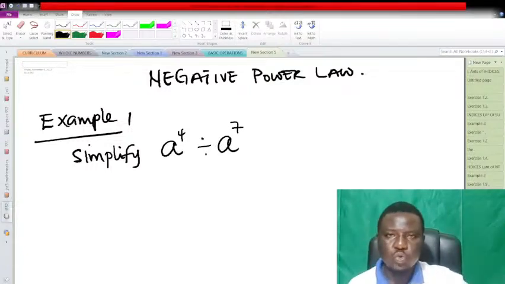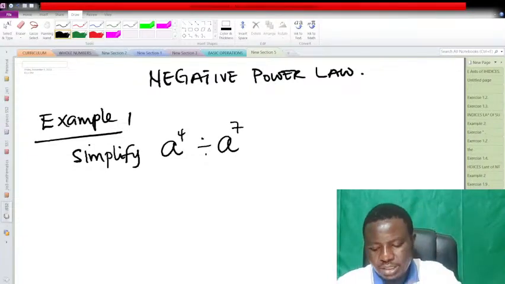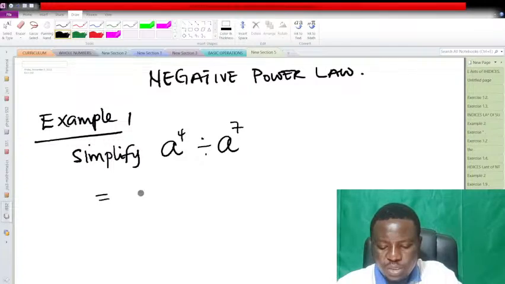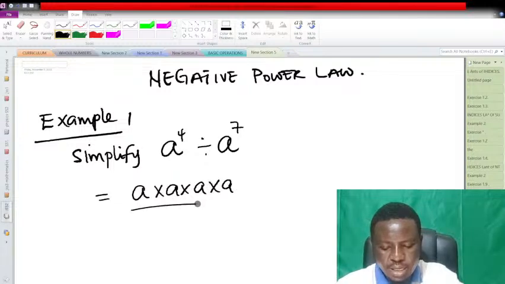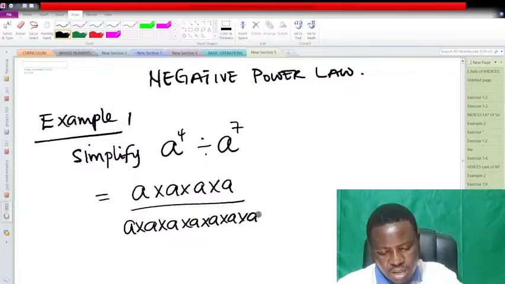Now, also, when you use the full expansion method in solving this, we say it is a times a times a times a divided by a times a times a times a times a times a times a.